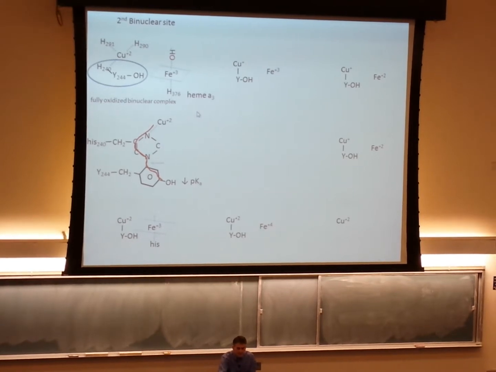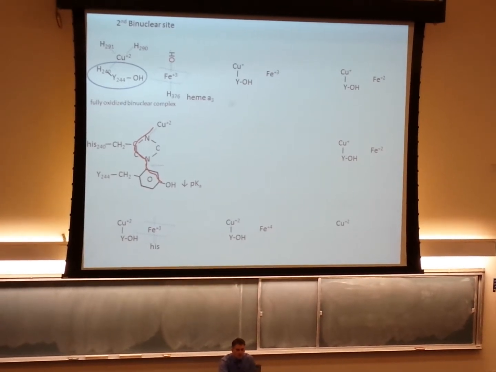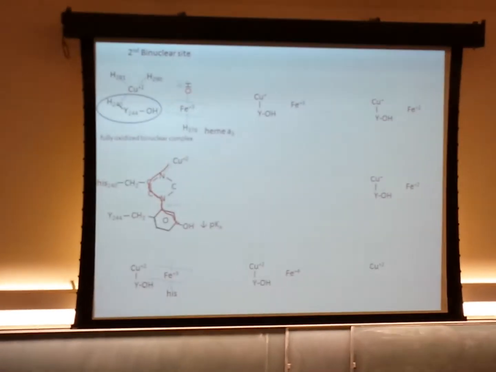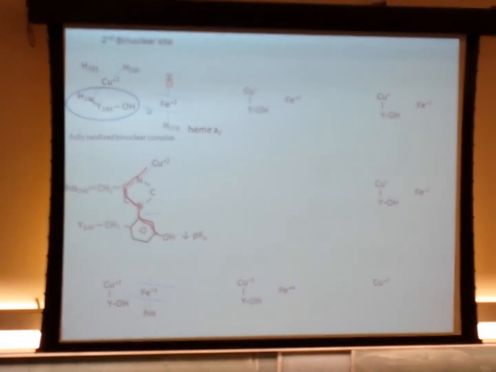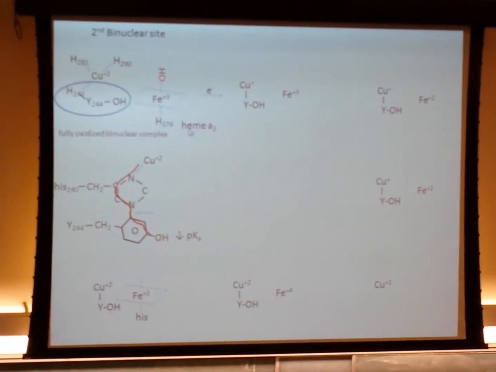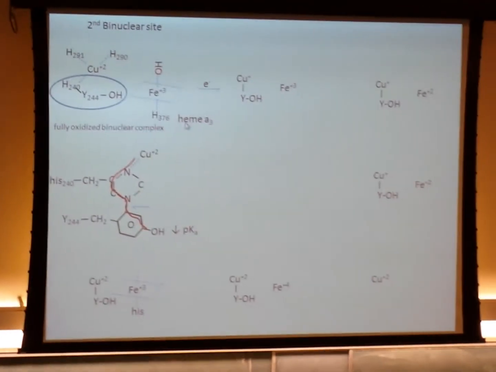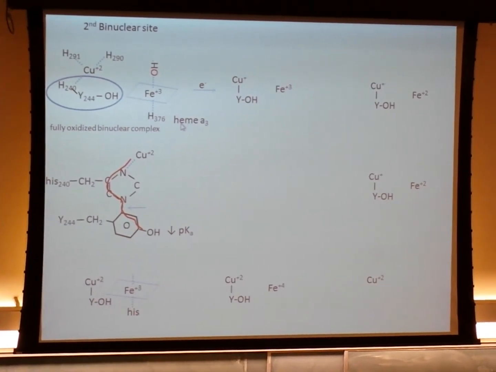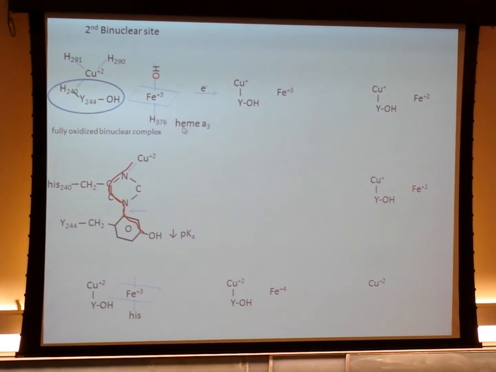Okay? So here we go. Over here, this is just a shorthand notation of all of this, because we don't want to write all of this all the time. So in comes an electron. Where's the electron coming from? Where does it originate? Cytochrome C. The cytochrome C dot.